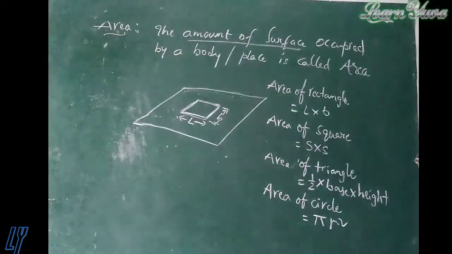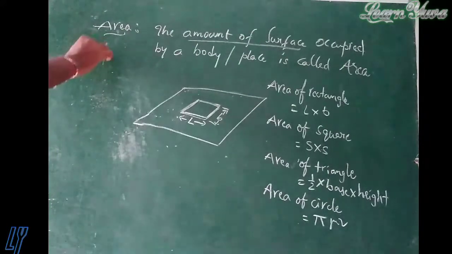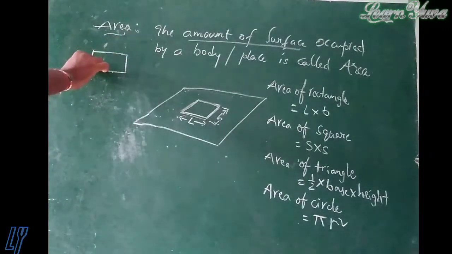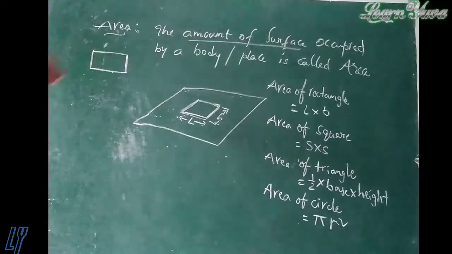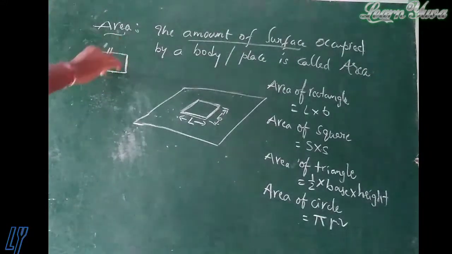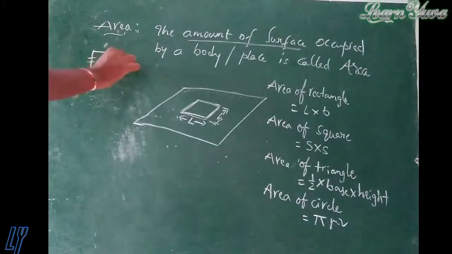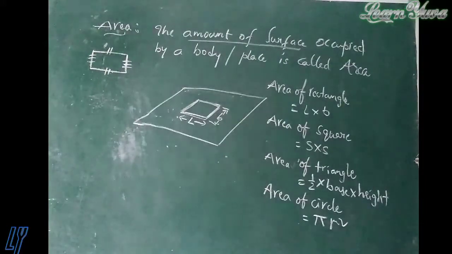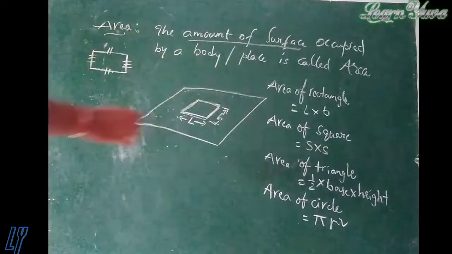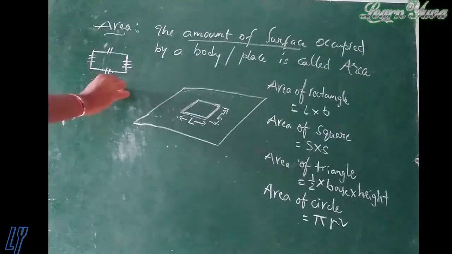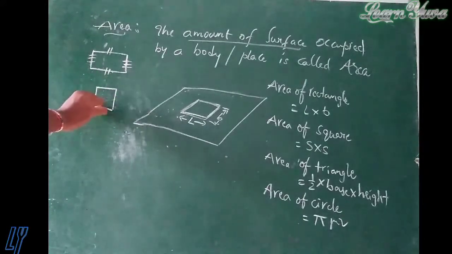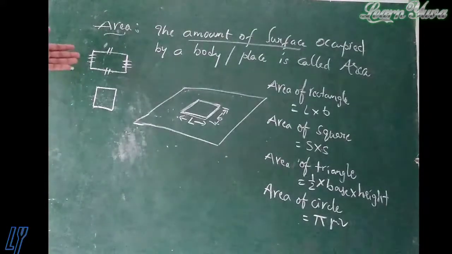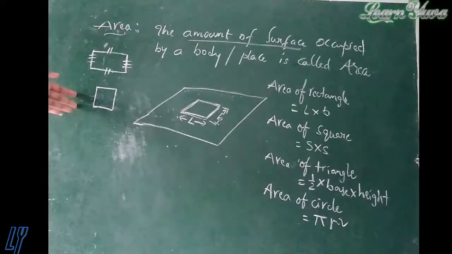So what is a rectangle? In a rectangle, opposite sides are equal. These two sides are equal, and these two sides are equal. Square: all the four sides are equal. Rectangle also has four sides, square also has four sides.